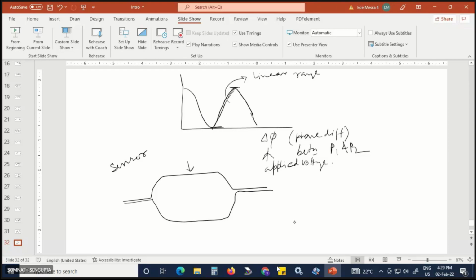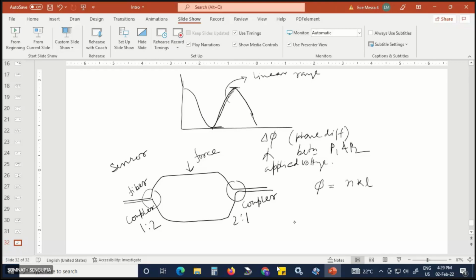Suppose you apply some force at one arm. Here some coupler is used, a 1:2 coupler, and here a 2:1 coupler. So all the fibers are joined through the couplers. Then if you apply force, according to the principle of fiber optic sensor, the phase is nkL.